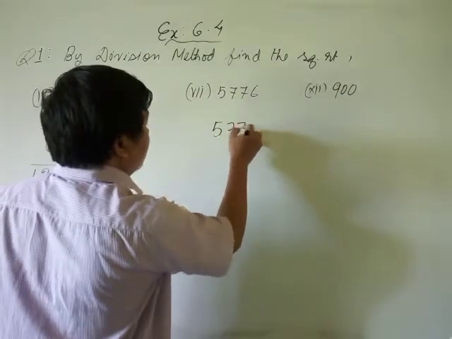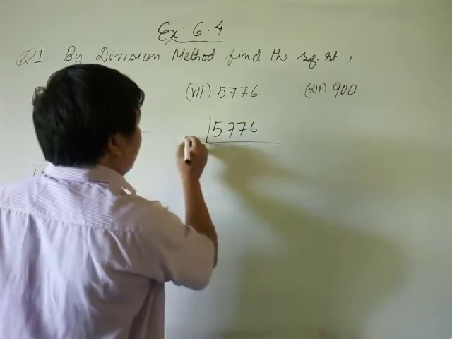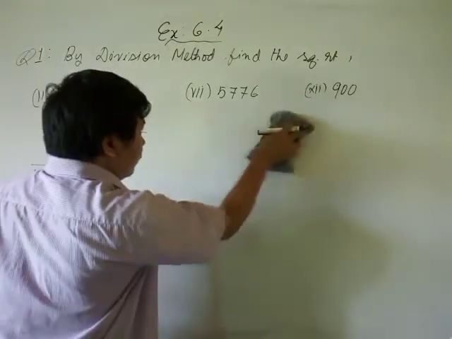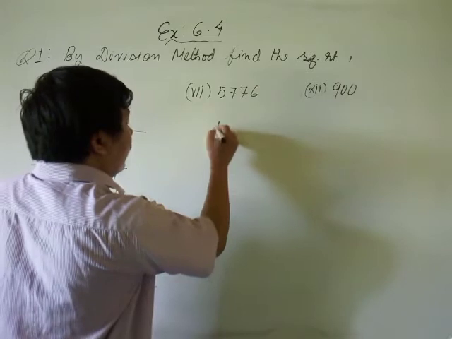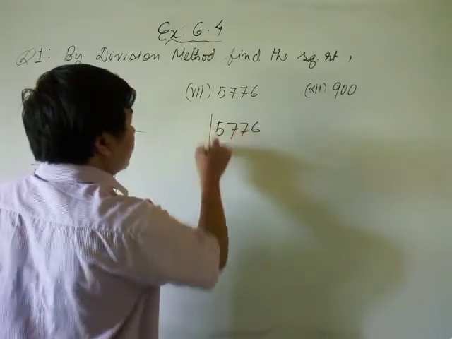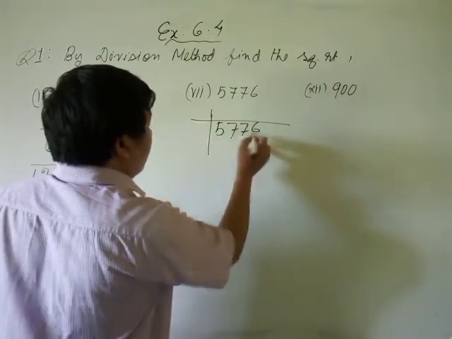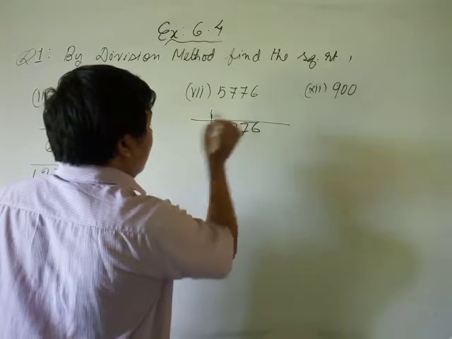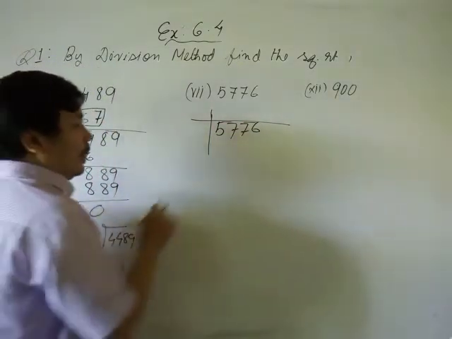Like this, let us see. 5 7 7 6, we got here. Look at this. 5 7 7 6. Then these two and these two are paired, isn't it? 57.